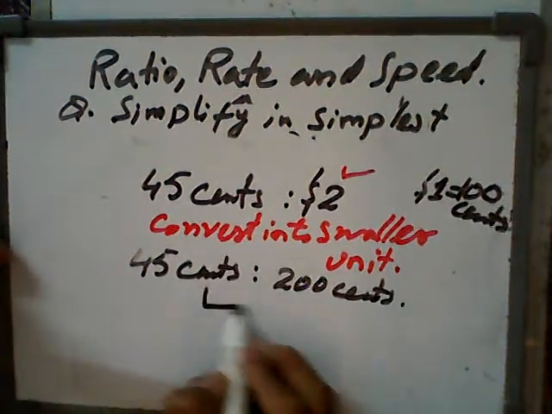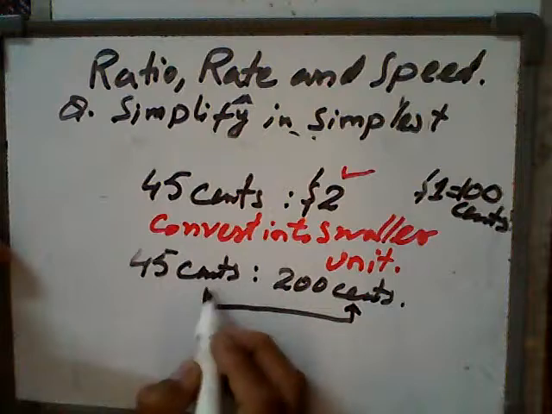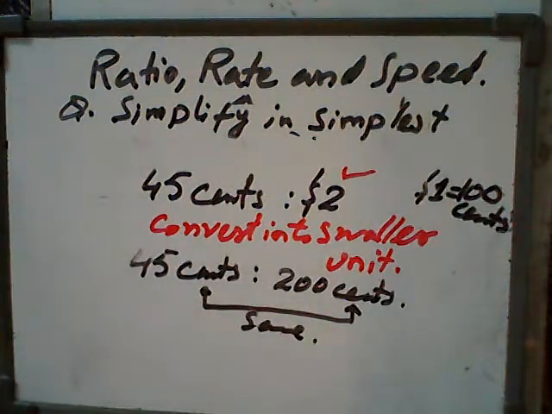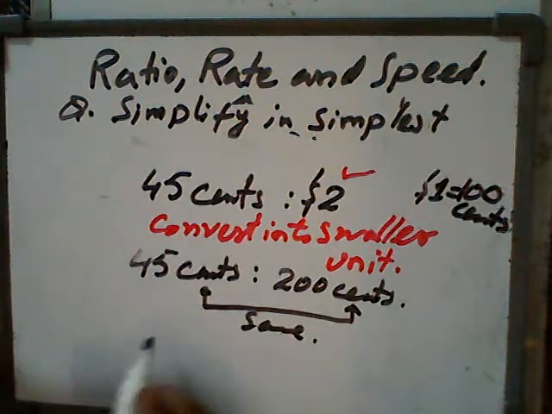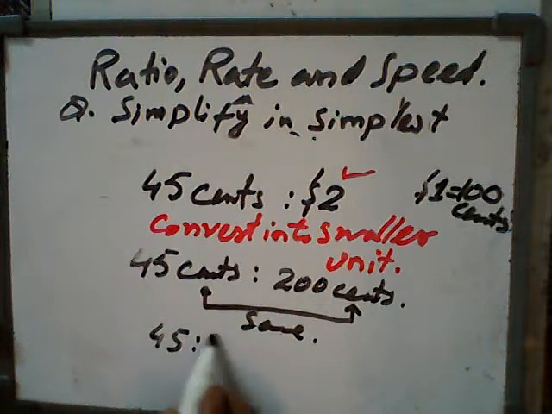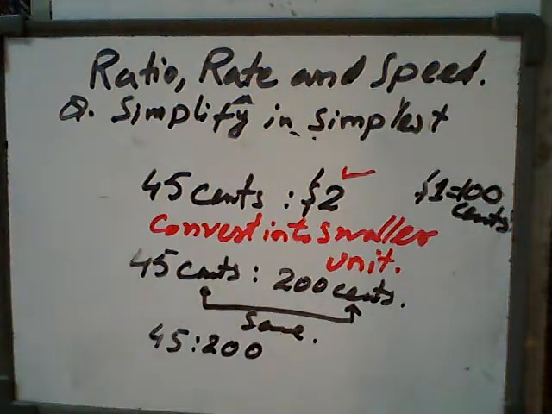Now the units are same. Quantities are also same, means currency, and the units are also same in cents. So that's why now we could compare both of them. So it is now 45 ratio 200. Now by which table we could simplify both of them?